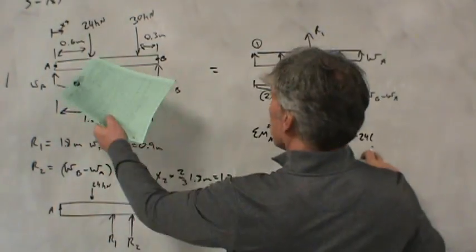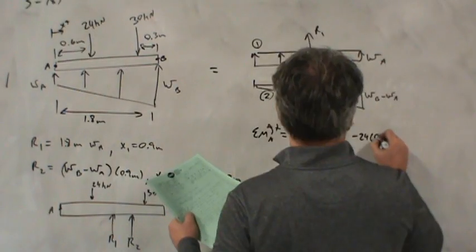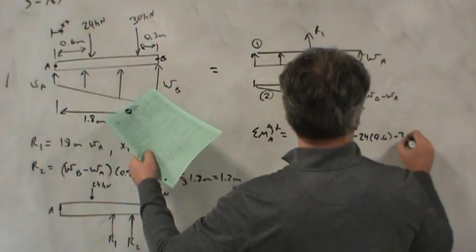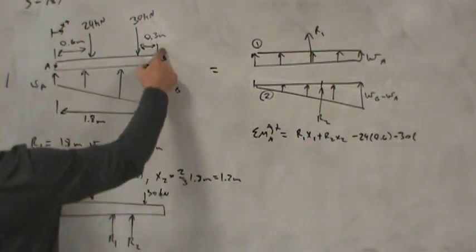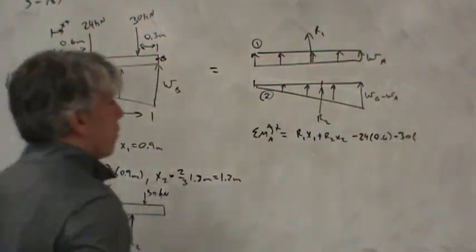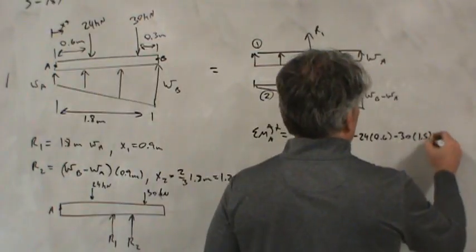So 24 kilonewtons times 0.6 meters, and then minus 30 kilonewtons times 1.8 less 0.3, so 1.5 meters, equals 0.